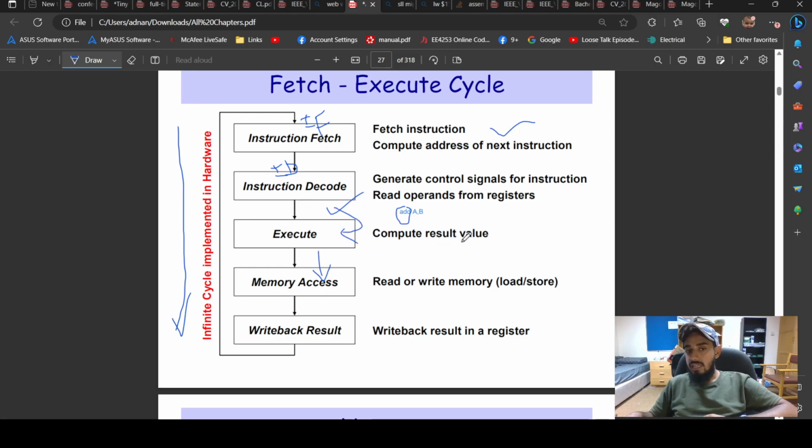It will compute the result value. Then maybe A or B, as I told you, A could be a register, B could be a register, A and B could be memory addresses. So definitely we are going to access the memory, and then we are going to write back the result, and then again this cycle is going to start for the next instruction.